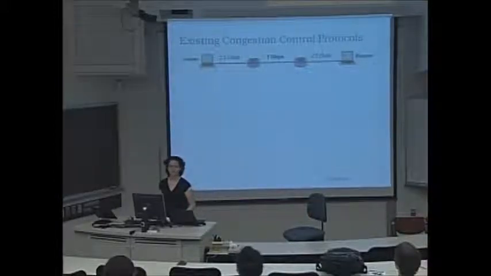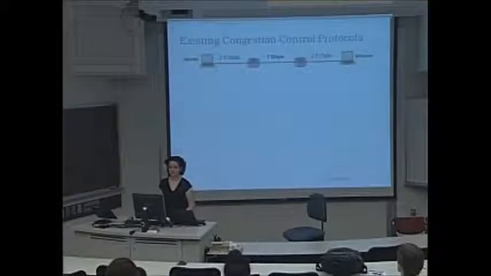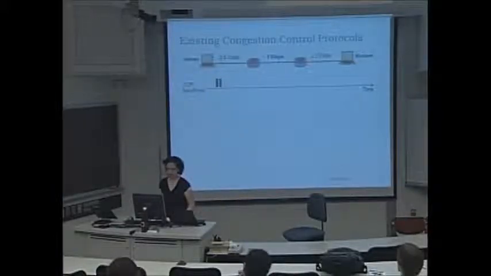So because network congestion is such an important issue, and we want to avoid it, many algorithms have been devised to control it. The basic job of a congestion control protocol is to probe the network at different rates to find the highest rate that is admissible in the network, and then the sender can send at that rate and no higher than this rate to avoid congestion, but no lower than this rate to get the maximum throughput.